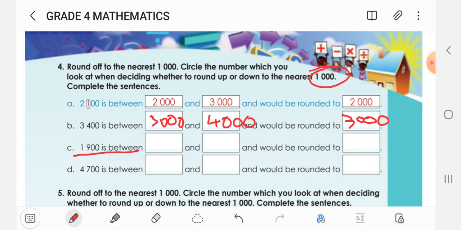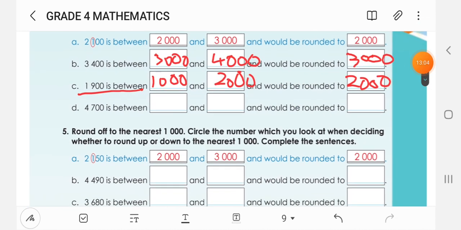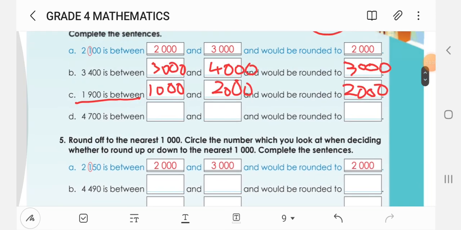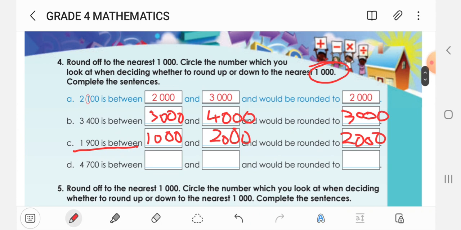And then let's look at number C. We have 1,900. It's between 1,000 and 2,000, and would be rounded off because we have 9 after the 1. It will go up once, and the rest will also be 0. I hope you know how to round off. And you will do 5 and 6. So let's do number D to complete the activity.